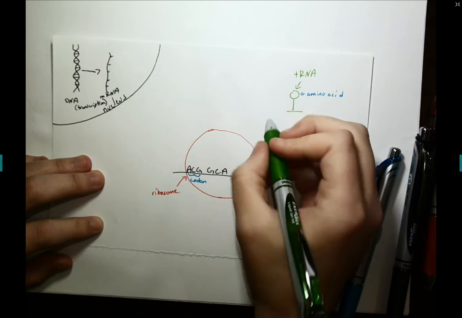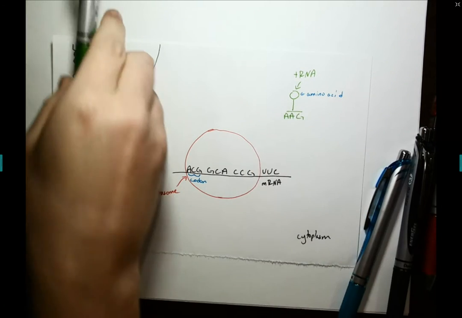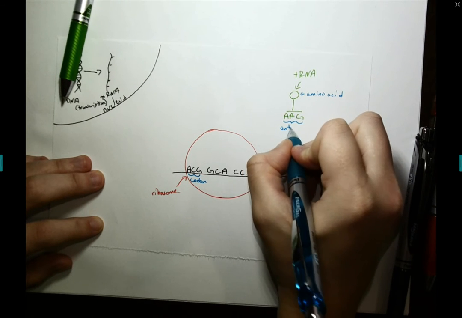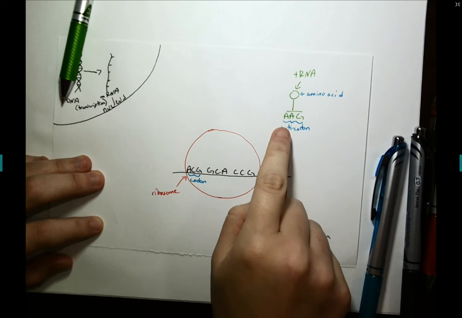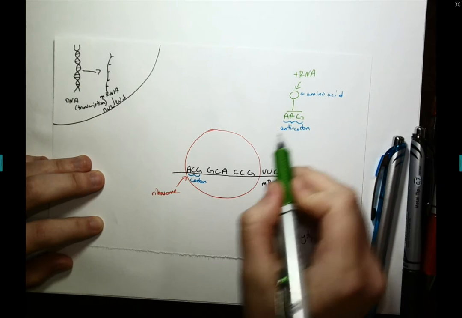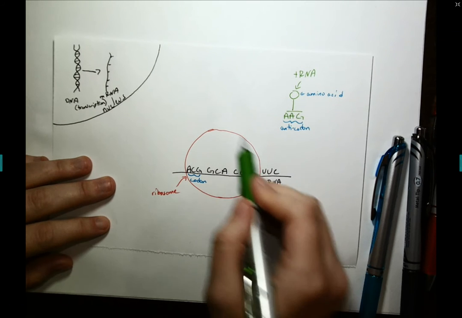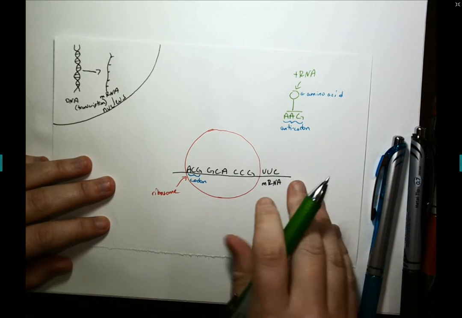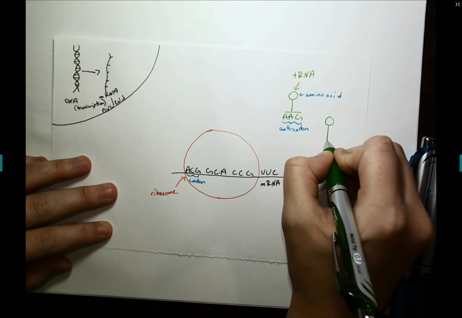And it also has the anti-codon. And if the anti-codon matches with the codon, then the ribosome will drag it in and start putting them together.